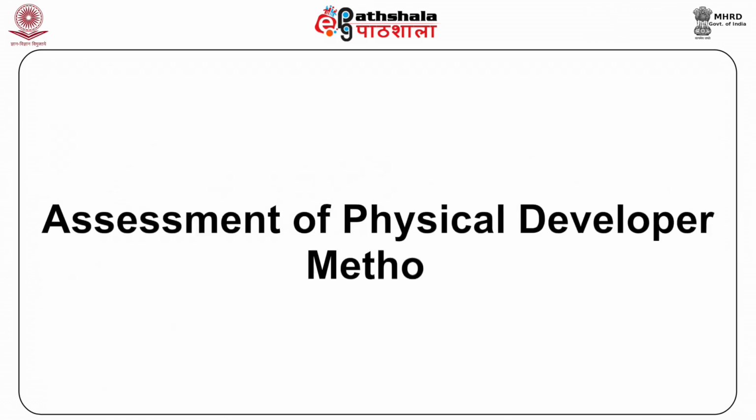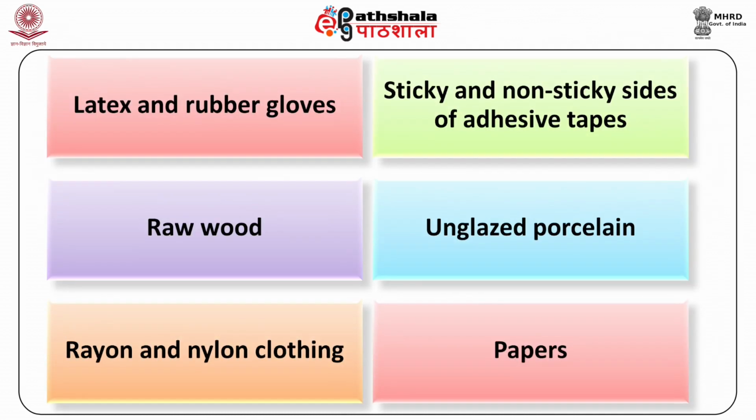Now, let us see the assessment of physical developer method. The physical developer composition detects latent fingerprints on the following items like latex and rubber gloves, sticky and non-sticky sides of adhesive tapes, raw wood, unglazed porcelain, rayon and nylon clothing, and different varieties of papers including newspapers, photostat papers, and ruled papers.